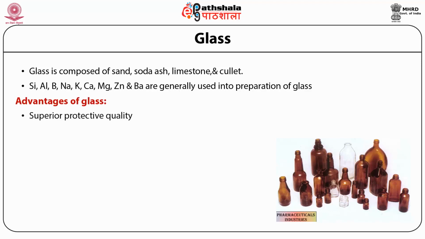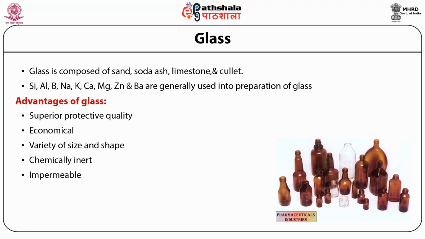They are superior protective quality, they are economical, a variety of sizes and shapes are available, they are chemically inert, glass is impermeable also, it is very strong and rigid also, and has FDA clearance, and various color options are available like transparent, amber, red and blue. So various types of colored glasses we can design according to the need.